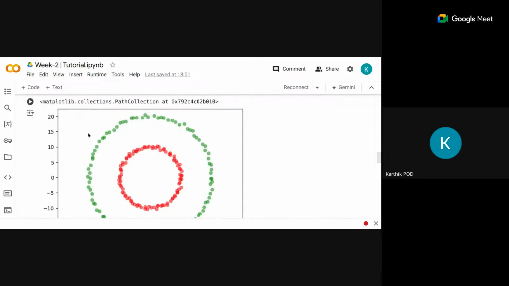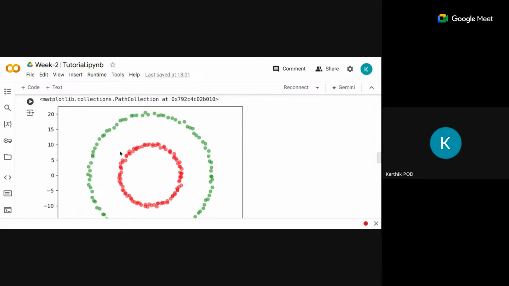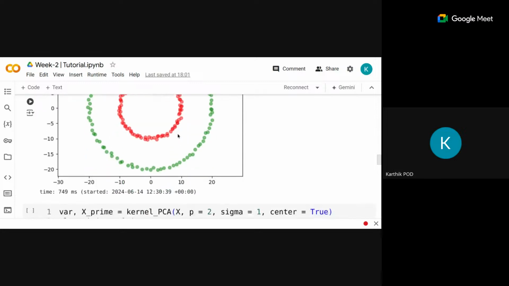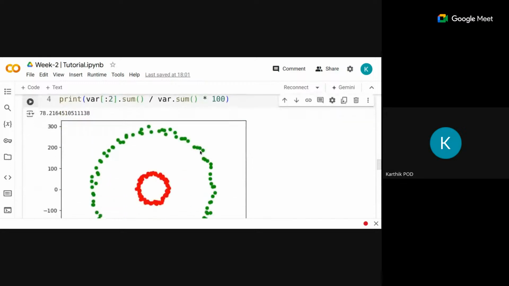You have a bunch of data points coming from some circular region, two classes of data points, the green and red ones, and you run kernel PCA on it. P stands for polynomial degree, so it's a polynomial kernel, and I'm only retaining the top two principal components.